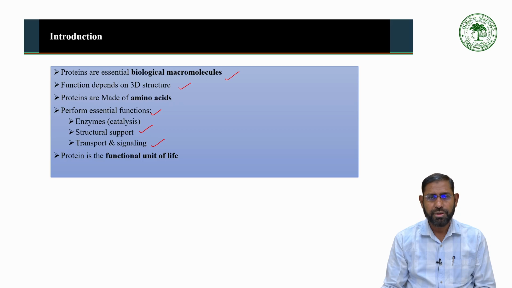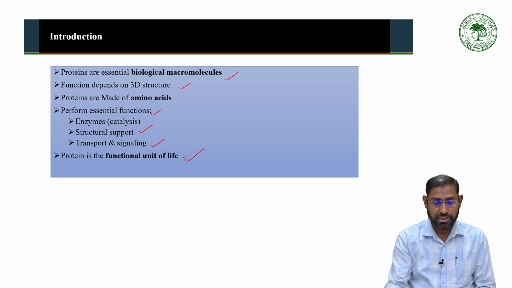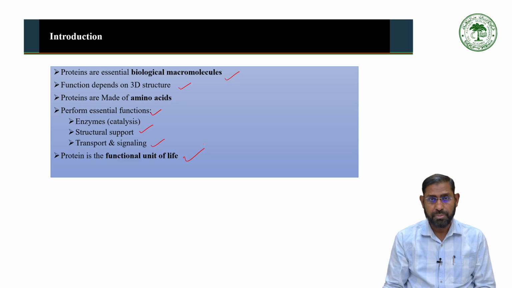They are very important and they are made of protein. Protein is a functional unit of life, meaning life does not exist without protein. Even the cell membrane is made of proteins. Protein has a lot of involvement in the body. That's why it is the functional unit.